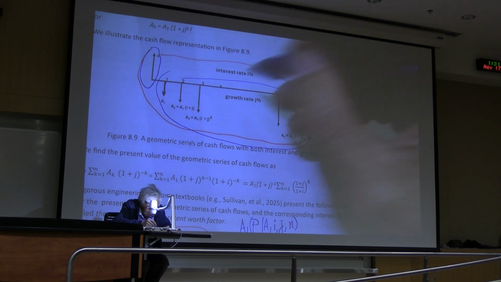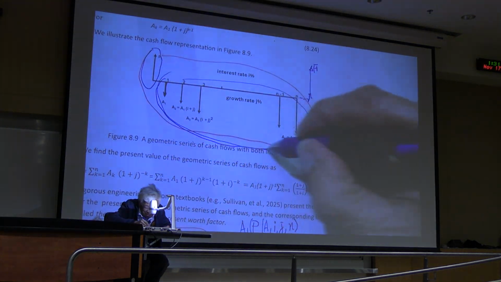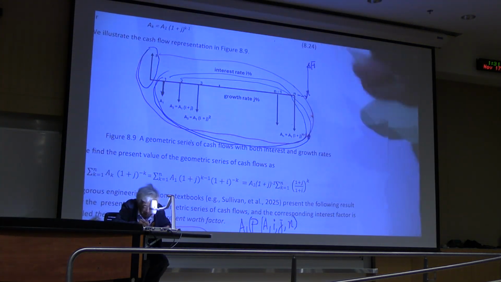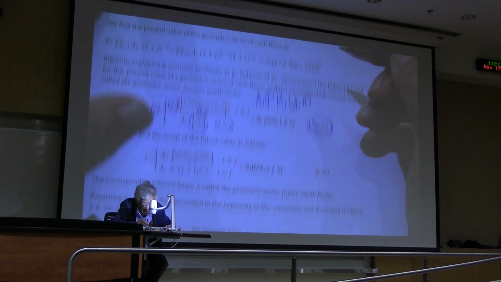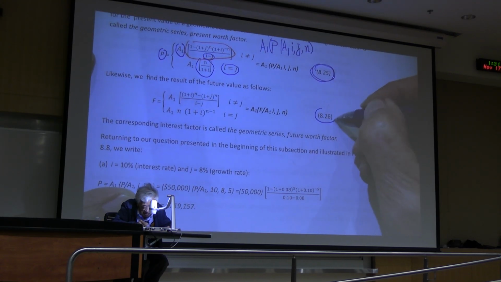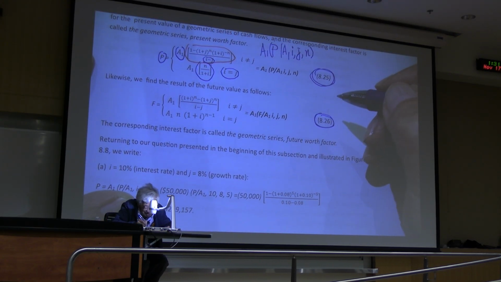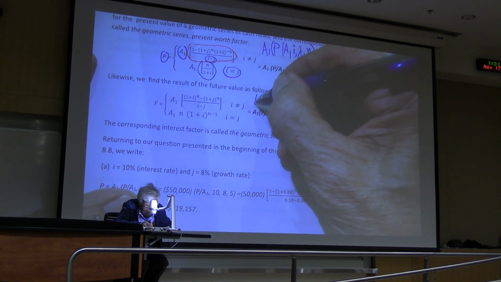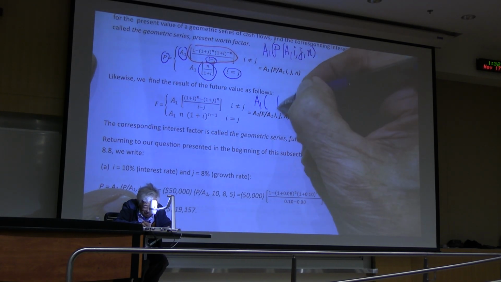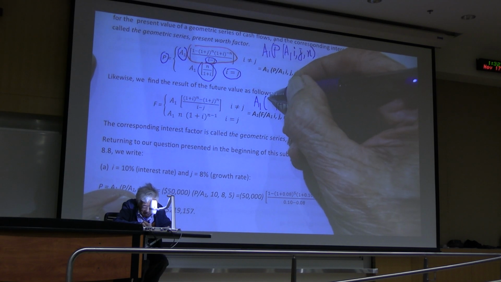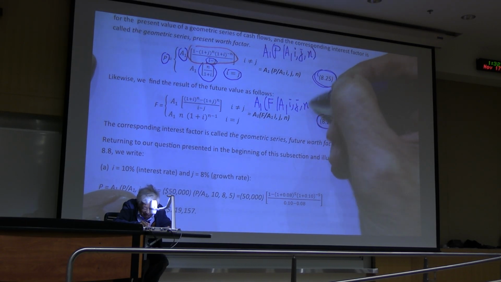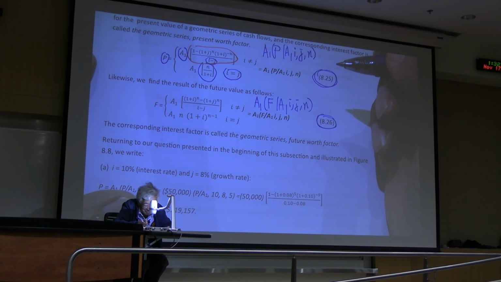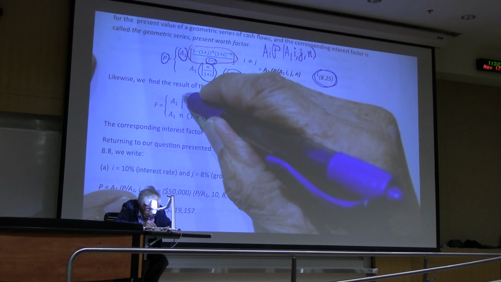What is the future value of this series of cash flow at interest period N? That is this formula, A.26. Given A1 to find future value, i, j, N. The interest factor is right here.